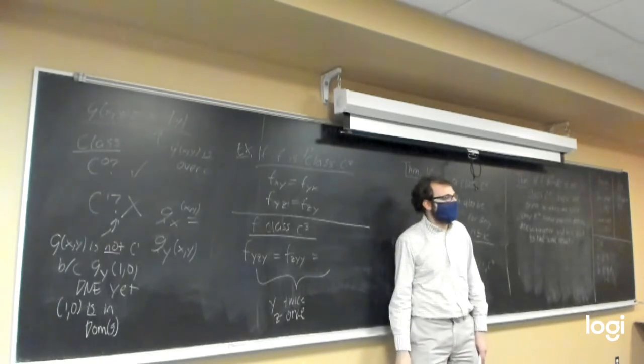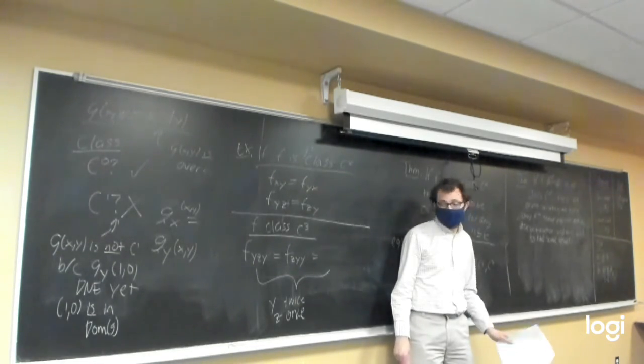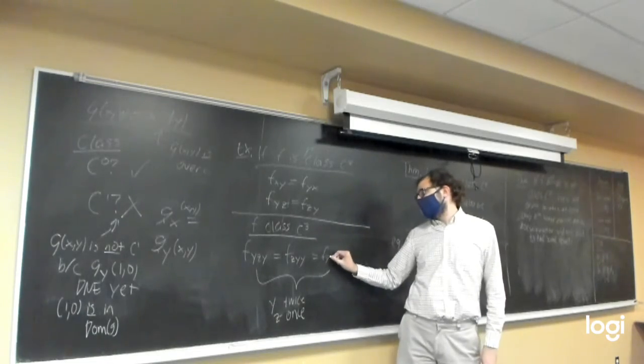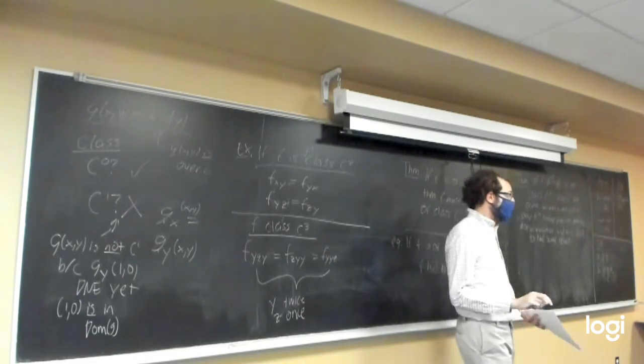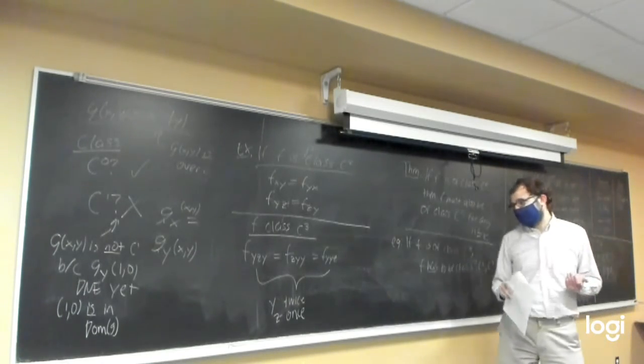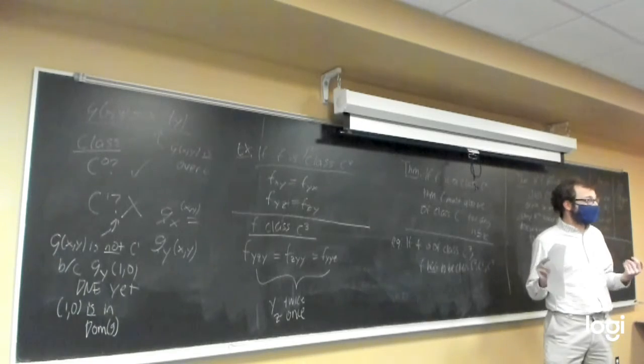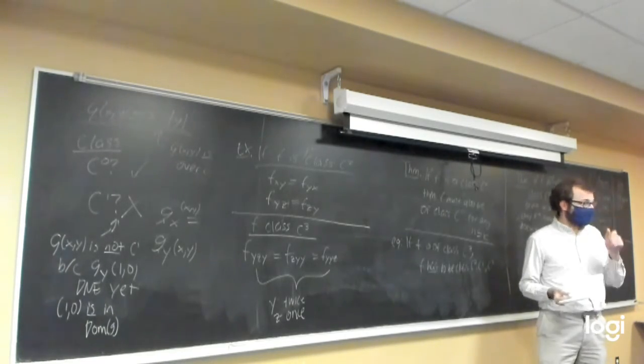What else should be equal to these two expressions? Yeah, yyz. That would be another way to take the derivative with respect to y twice and z once, is to just do the two y's first and then the z. If you have a C3 function, all of these should be equal.